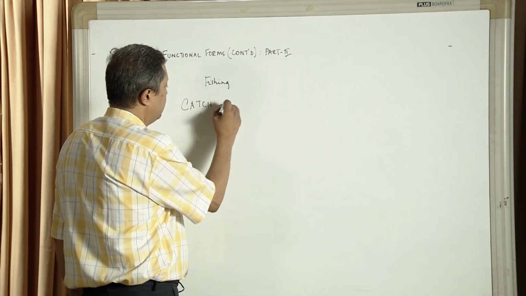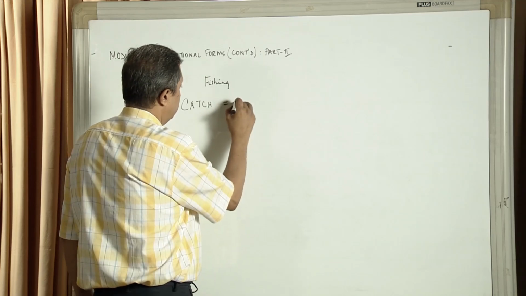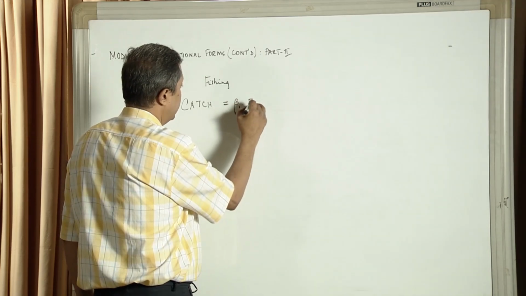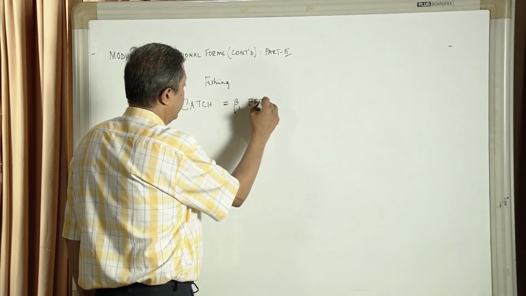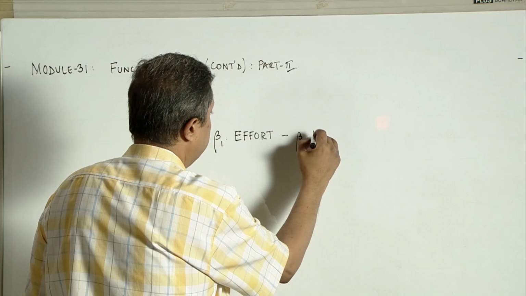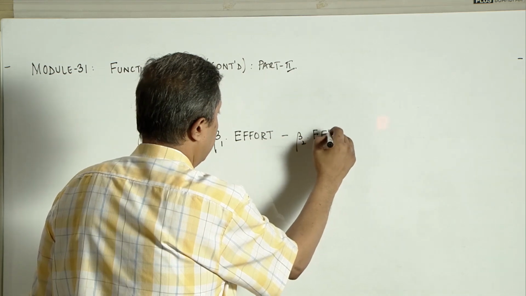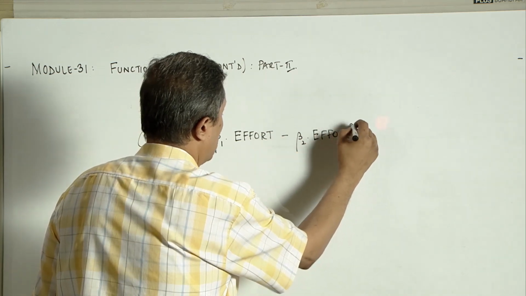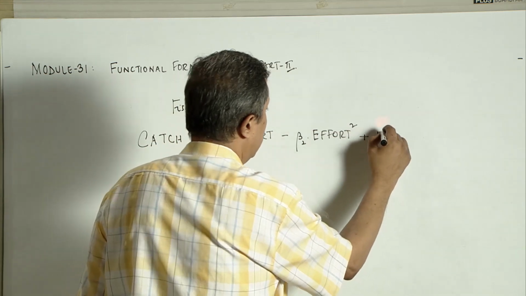is modeled by a regression: beta 1 times effort minus beta 2 times effort square plus u.